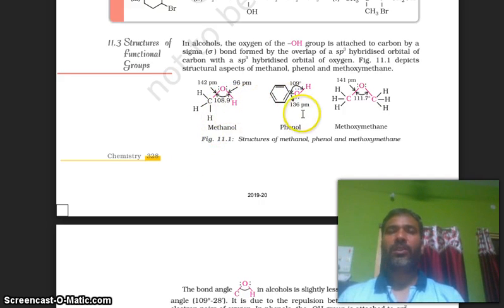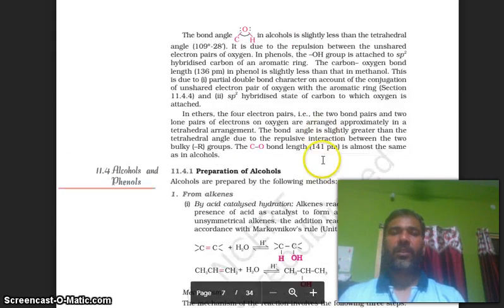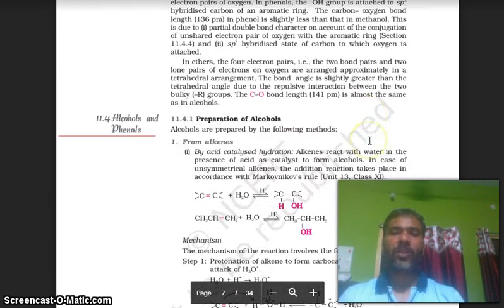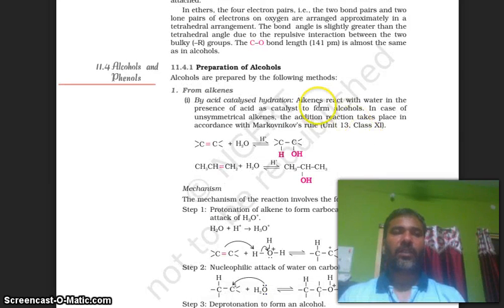In phenols you see a little bit of change, and in ether this is going to increase. So you see 108, now 111, and this is important for your competitive exams.